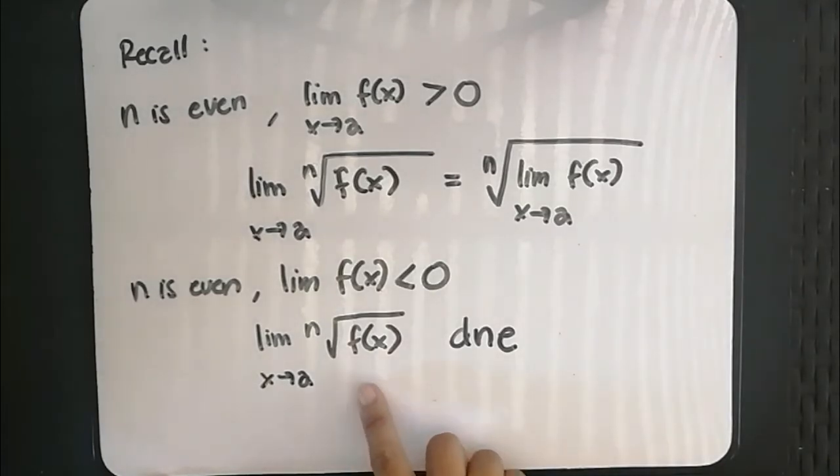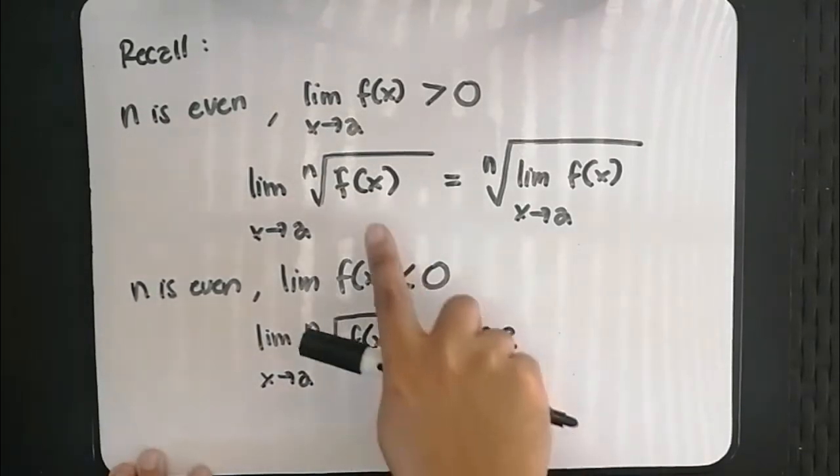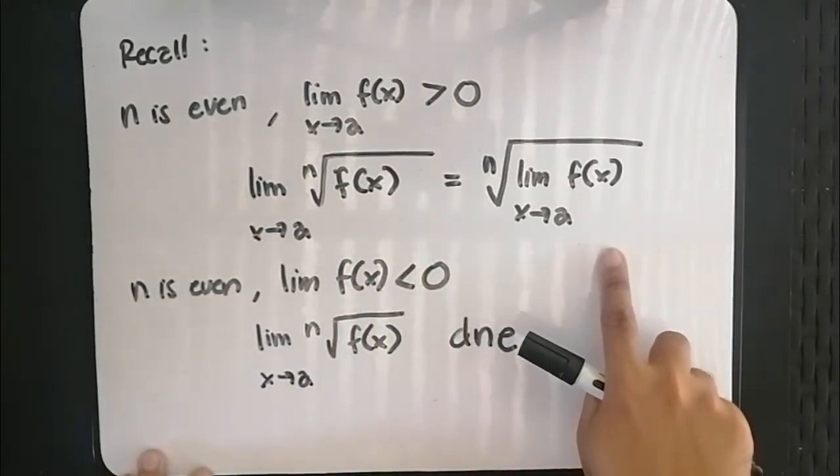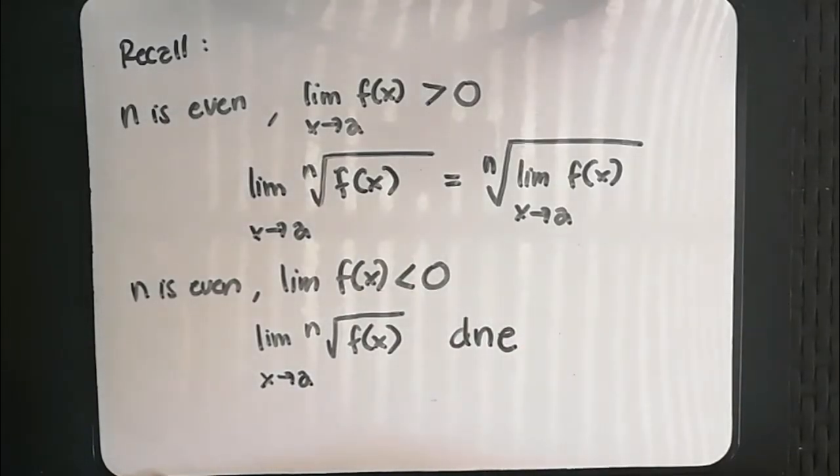Okay? So kapag negative yung limit ng f of x natin, DNE, pag n is even. Pero kapag positive siya, we can get actually a limit. That is the nth root of the limit of f of x.